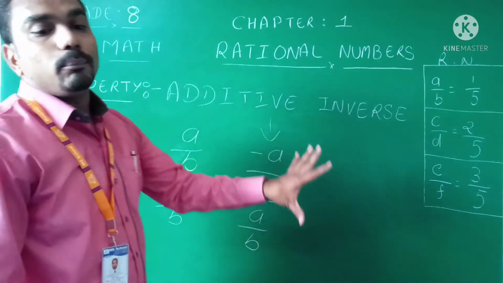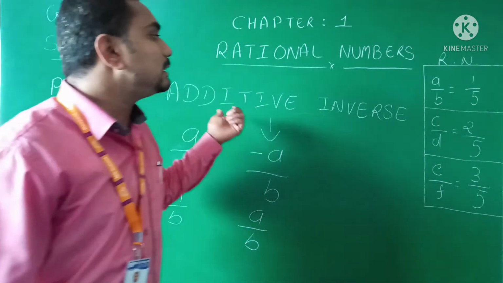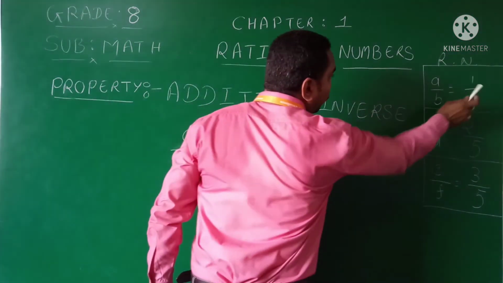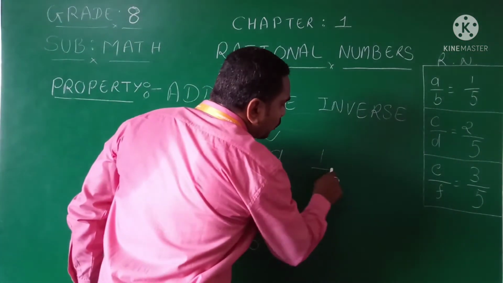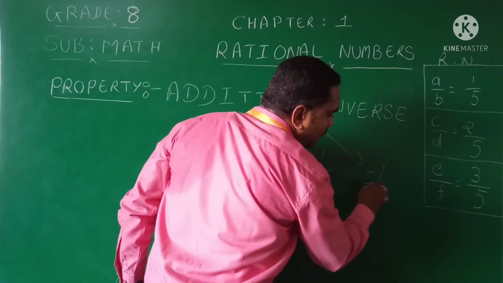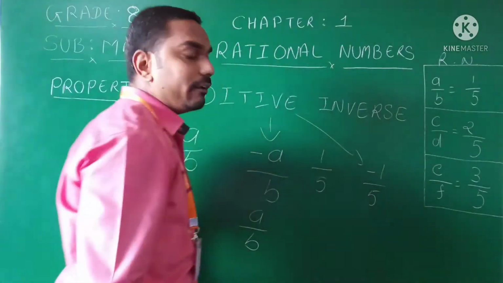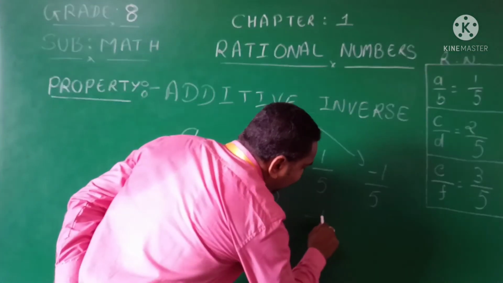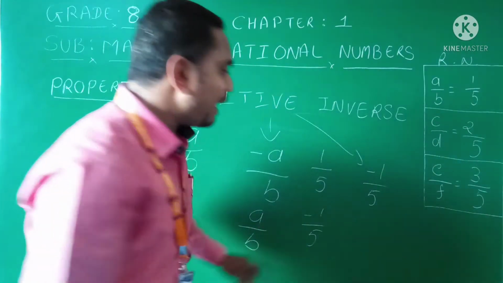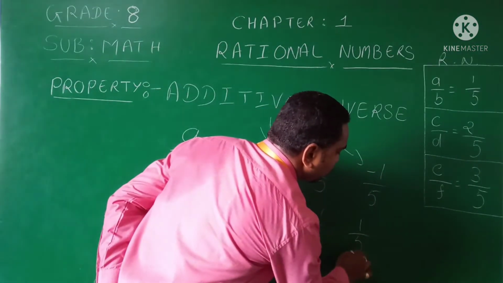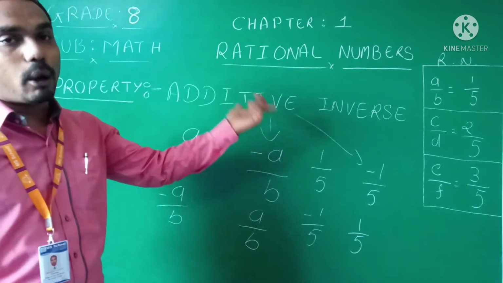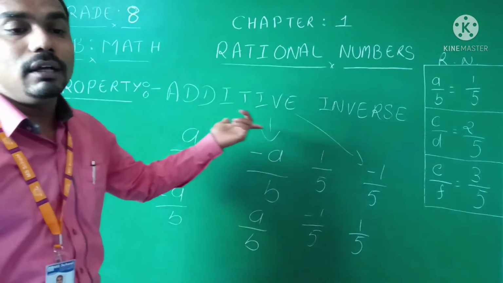This property is known as additive inverse. Let's take an example that a upon b is equal to 1 upon 5. For 1 upon 5, the additive inverse will be minus 1 upon 5. If it's minus 1 upon 5, the additive inverse of minus 1 upon 5 will become 1 upon 5. This kind of property is known as additive inverse.